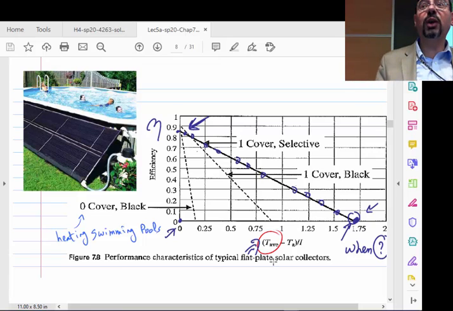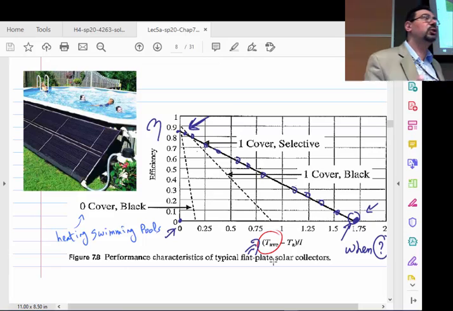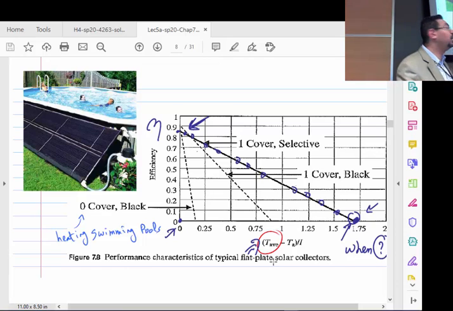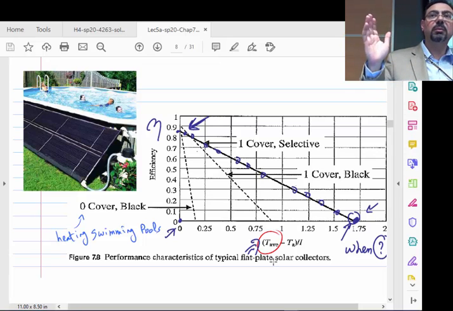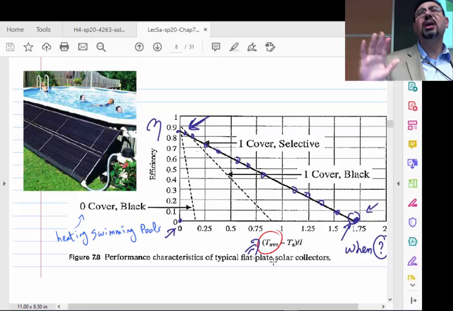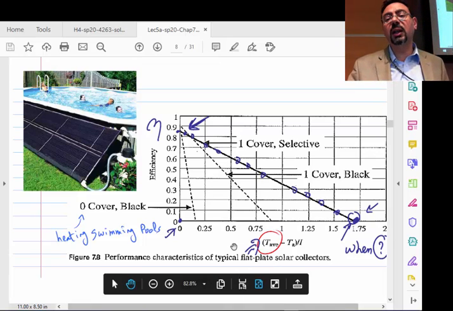If I use the maximum flow rate, right, I keep pumping water all the time, theoretically speaking, the T outlet will be the T inlet. The water will have no chance to get hot because all the water basically comes and goes like this. Best worst case scenario basically. So my point is, it's very hard to calculate T outlet, and therefore this is not really useful.